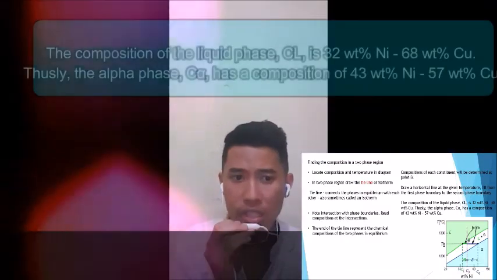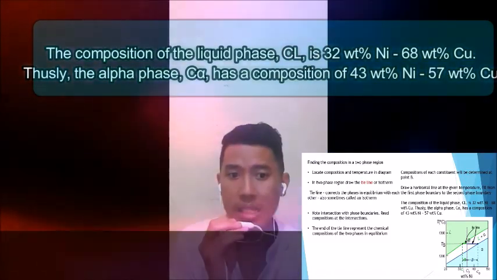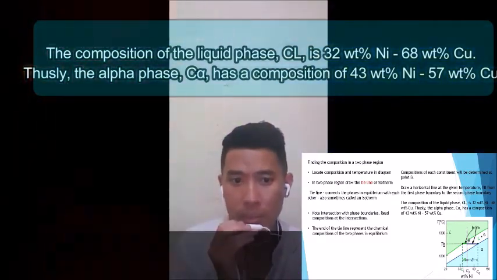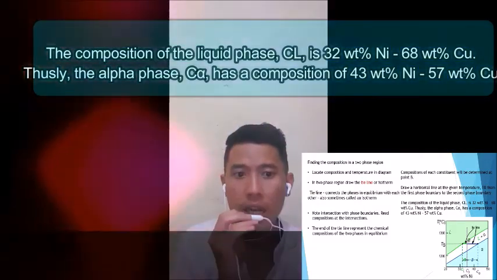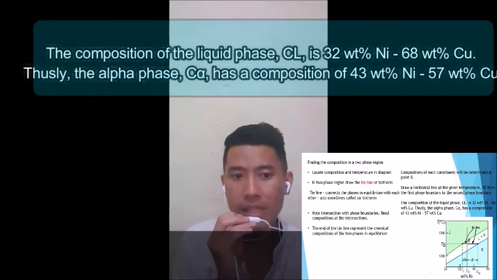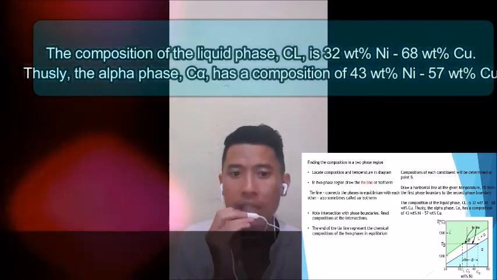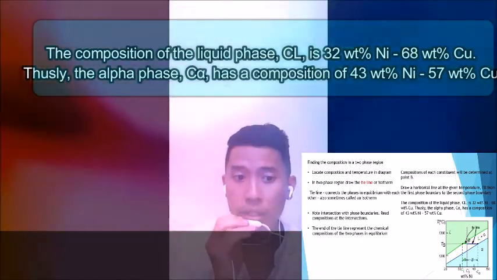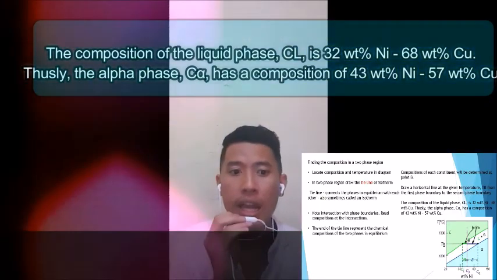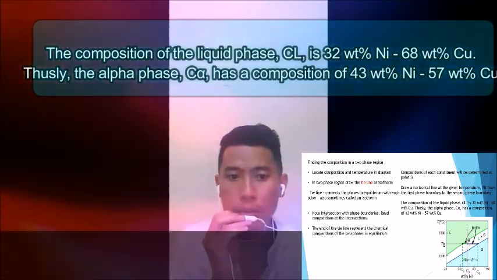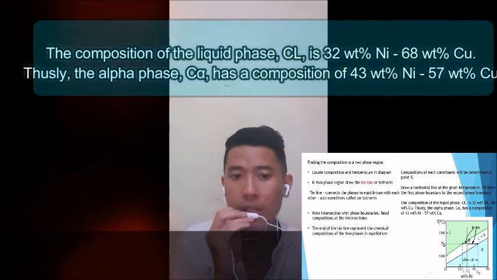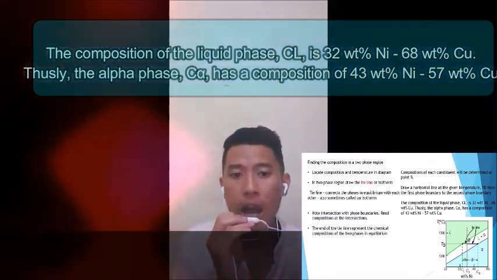The composition of the liquid phase, CL, is 32 wt% nickel to 68 wt% copper. Thus, the alpha phase, C alpha, has a composition of 43 wt% nickel to 57 wt% copper.